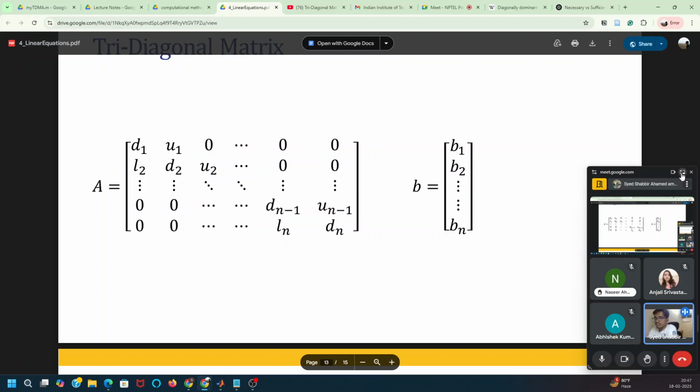So for solving these systems which have a tridiagonal matrix, the tridiagonal matrix is very useful.